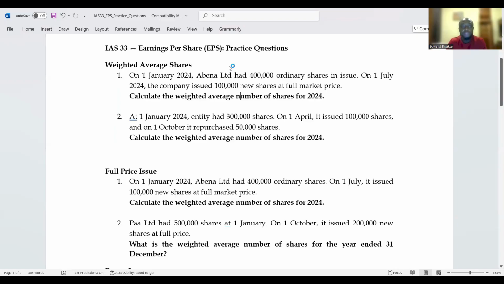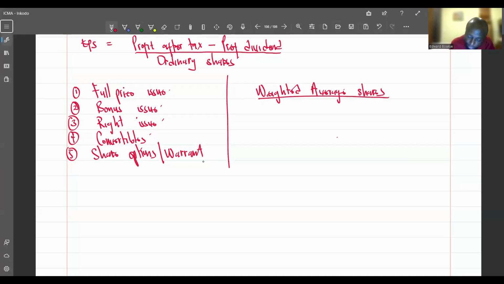So let's go to the board and see. Now, 1st January 24, we had 400,000. Let's check again and see if it is 400,000. We had 400,000 shares. Good. And then 1st July 24, we had 100,000 shares.